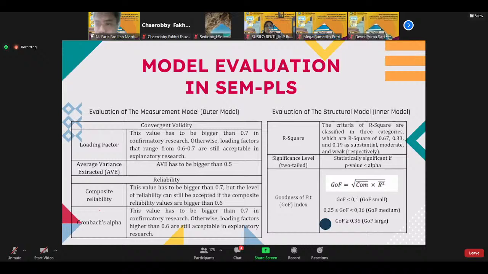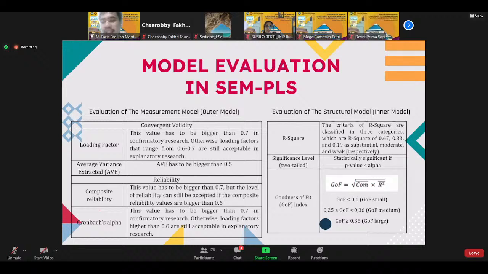Okay, 0.67 substantial, 0.33 moderate, and 0.19 weak. And the second, you use the significance level. You just compare the p-value and alpha.